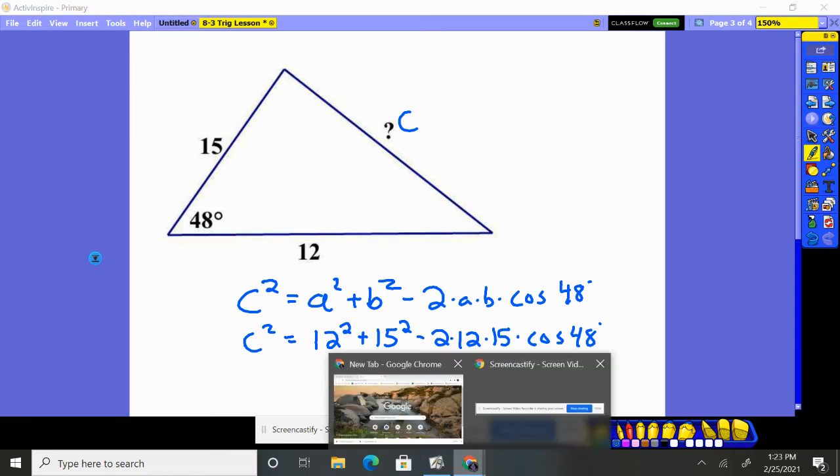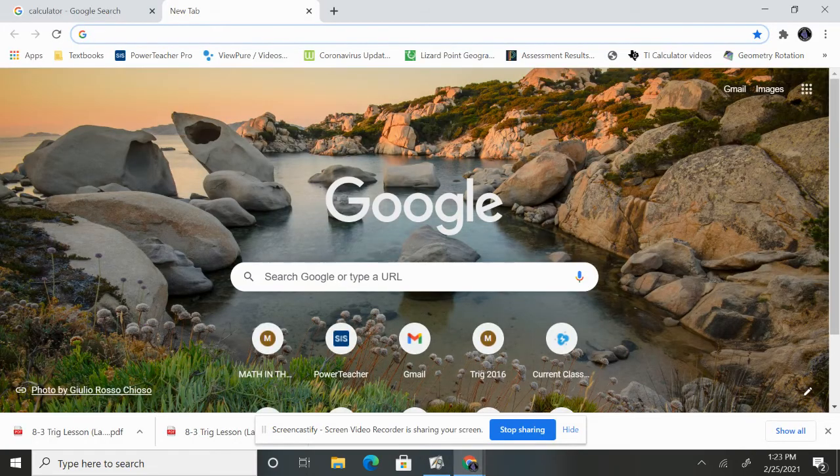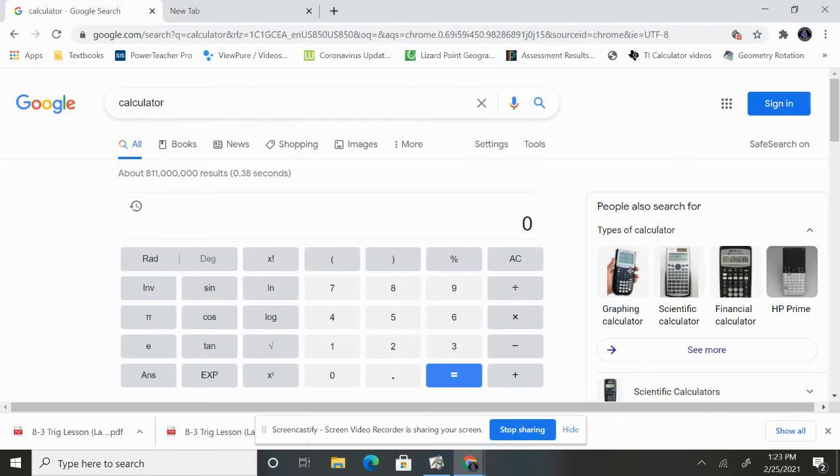So let's come back over to Google, and I have a calculator here, and we can enter that whole thing in because it's just one big equation, because the cosine of 48 is just a number. So I'm going to go, 12 squared, which I know is 144. Now, one mistake, and I already made it.